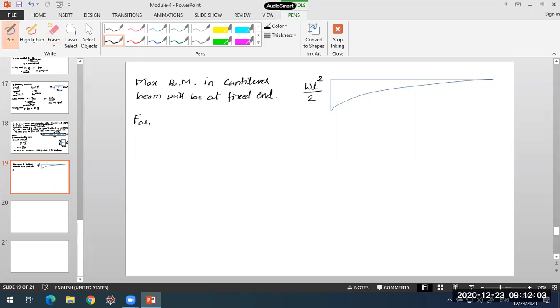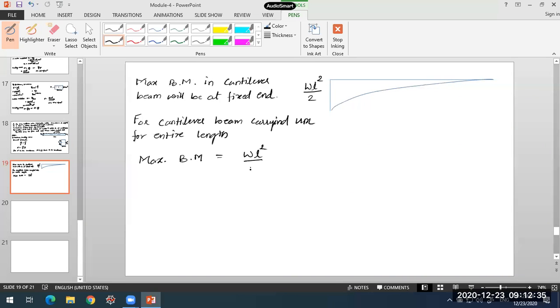And also for a beam with UDL, the maximum bending moment will be equal to WL square by 2.